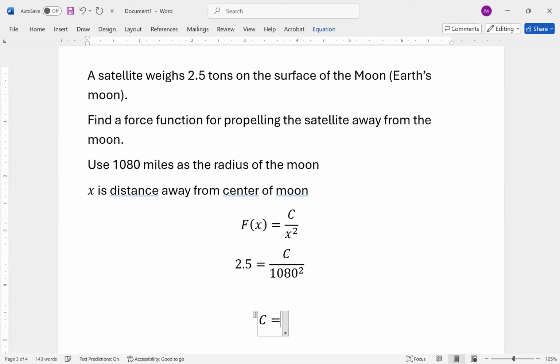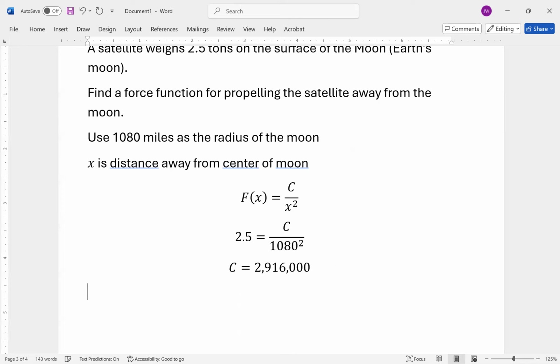That gives me a constant of 2,916,000, which means that my force function is 2,916,000 divided by x squared.